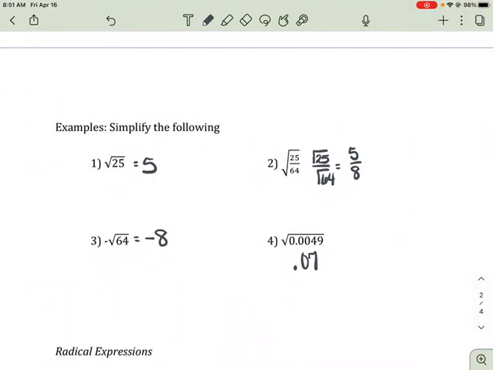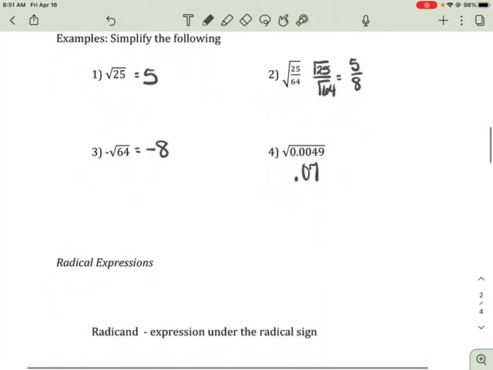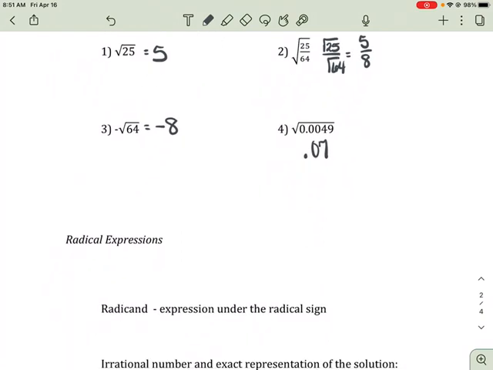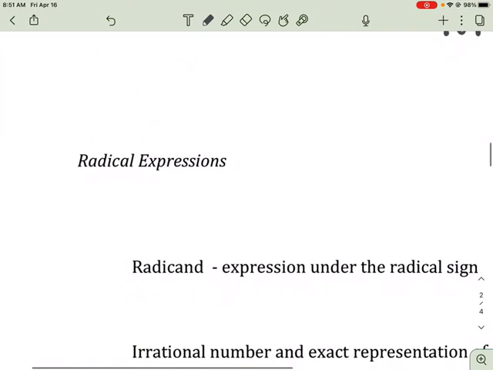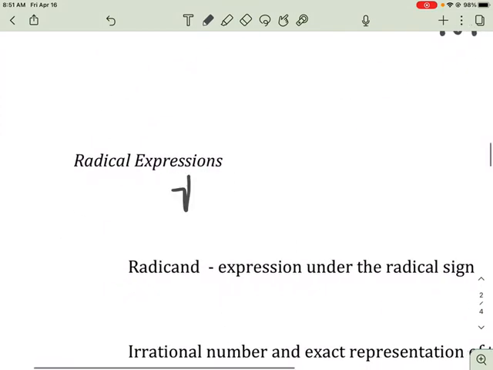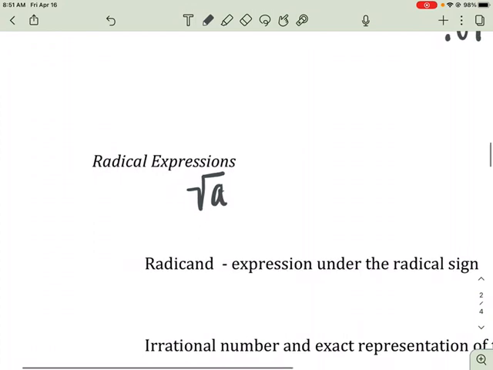Let me know if you have any questions so far. Now, we can have a radical expression, where we take the square root of a number or an expression underneath. That's the key.